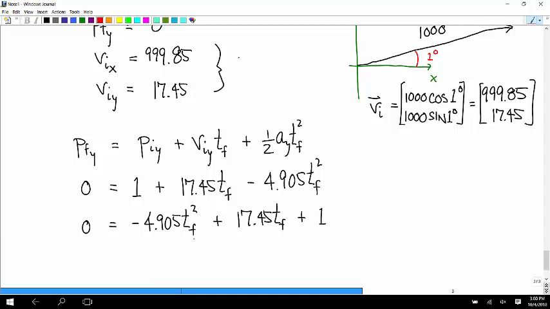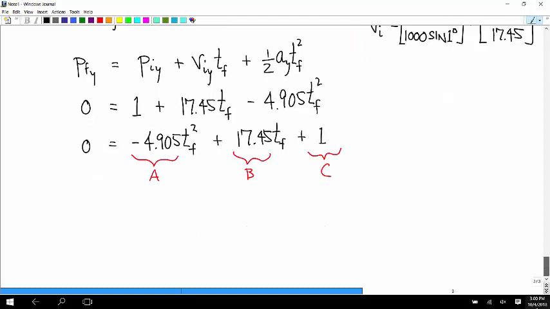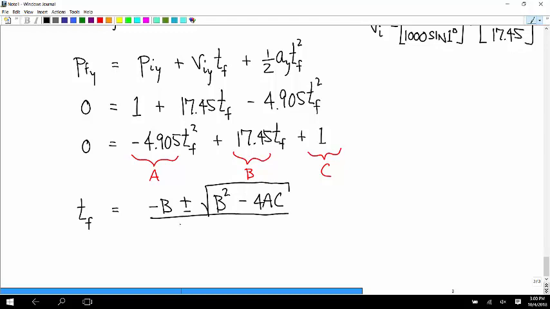Okay, so this is A. Negative 4.905 is A. Positive 17.45 is B. 1 is C. Plug that into the quadratic formula, and tf is equal to negative B plus or minus the square root of B squared minus 4AC, divided by 2A.